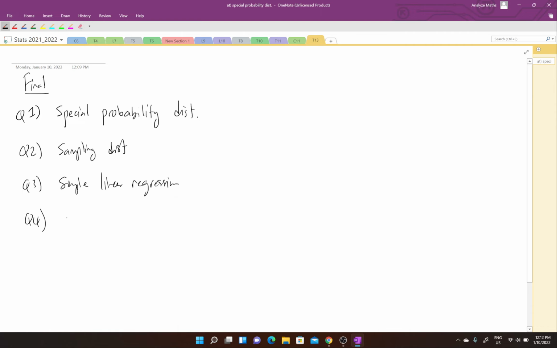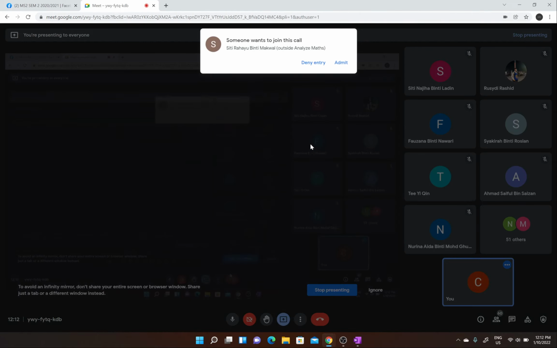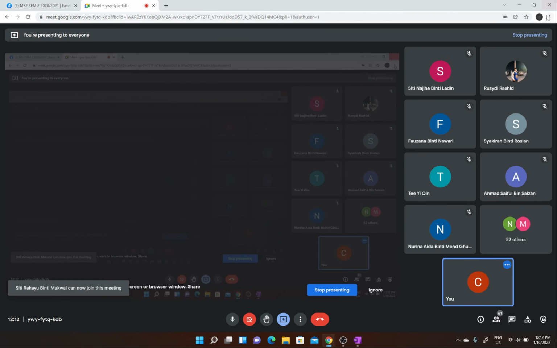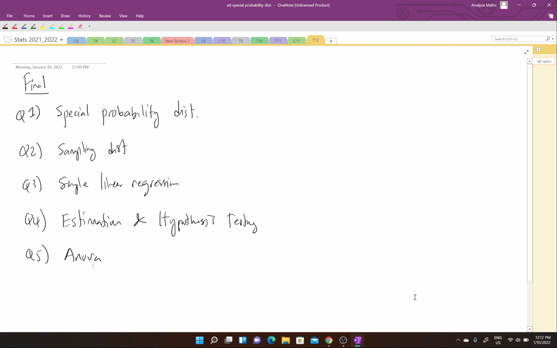Question 4 is estimation and hypothesis testing. And question 5 is ANOVA. So prepare yourself by doing all these things.